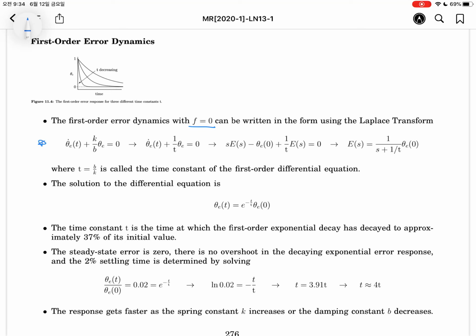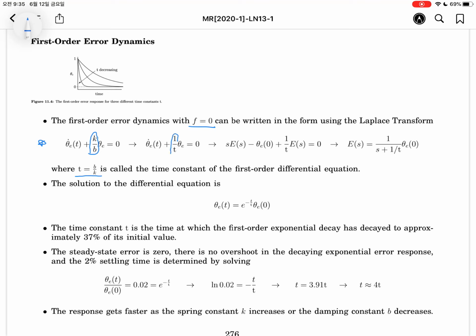Then let's divide the differential equation by k. Then we have these terms. We will write down these terms in terms of the time constant. I think that you are good at the concept of the time constant. Let's assume that the time constant is defined by b over k.